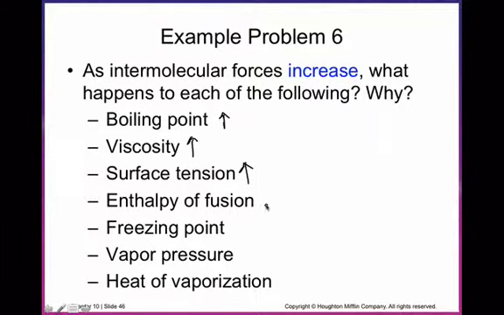The enthalpy of fusion, that's the energy it takes to melt it, is kind of the same idea as the boiling point. The stronger your intermolecular forces are, the harder it's going to be to melt it because of those strong forces and having to overcome them. The freezing point is going to increase. And that one takes just a second to think about, but freezing point is where it goes from a liquid to a solid.